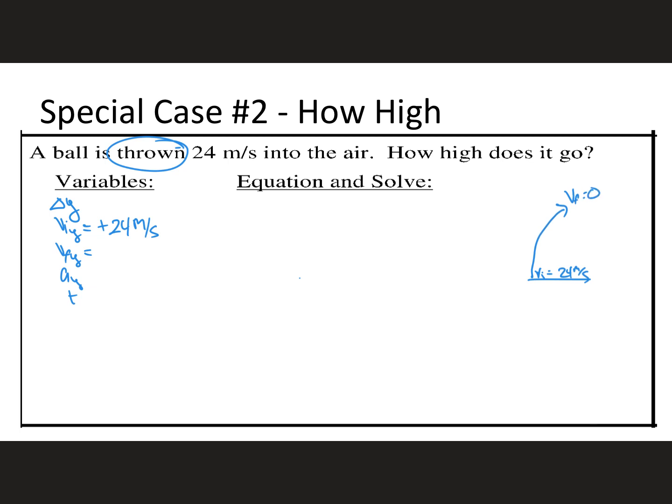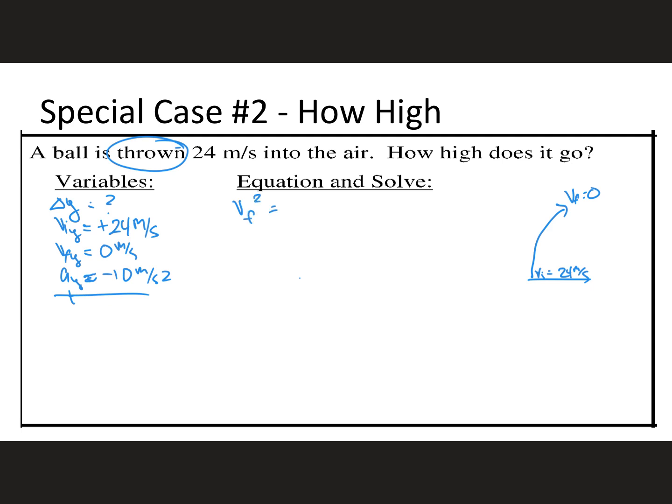Little pictures can always help you out. Final velocity is 0 meters per second. Our acceleration in the y direction is about negative 10 meters per second squared. And we're looking for delta y, which means we don't care about time. So it's the same equation we just used.